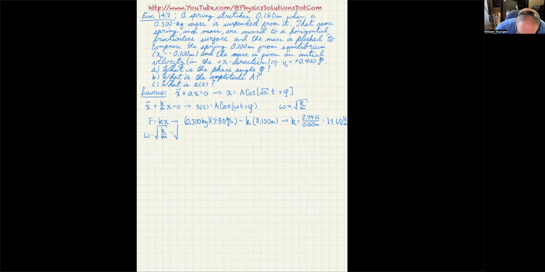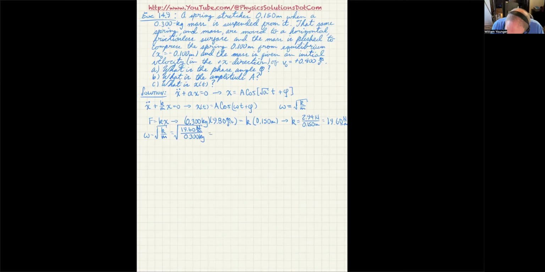So that's going to be the square root of 19.60 newtons per meter divided by 0.300 kilograms.